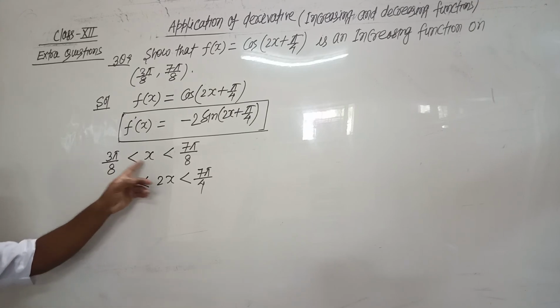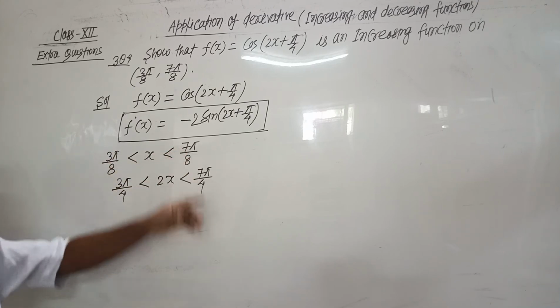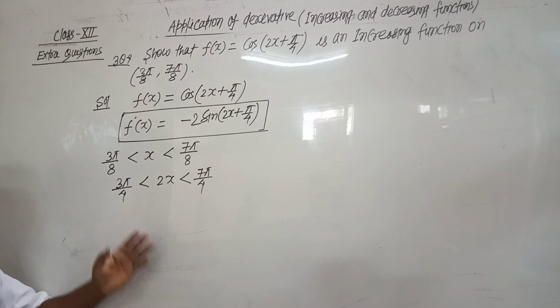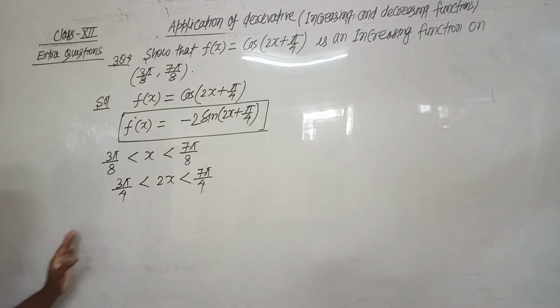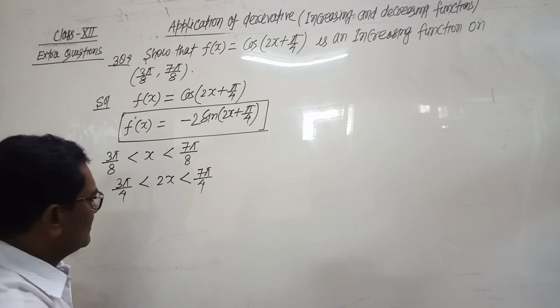That means if x lies between 3 pi by 8 and 7 pi by 8, then 2x lies from 3 pi by 4 to 7 pi by 4.